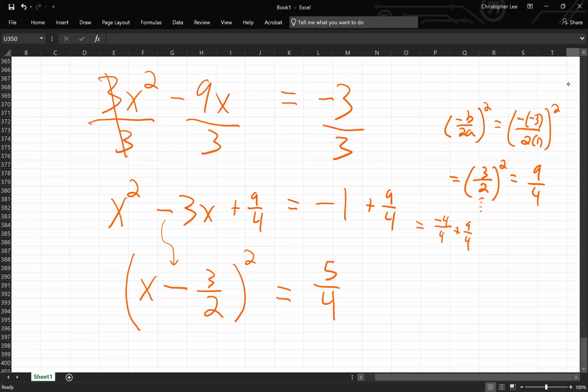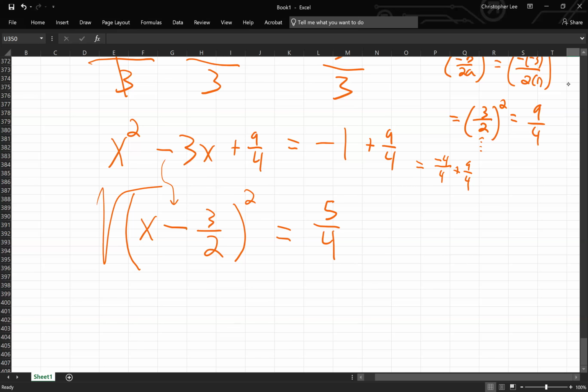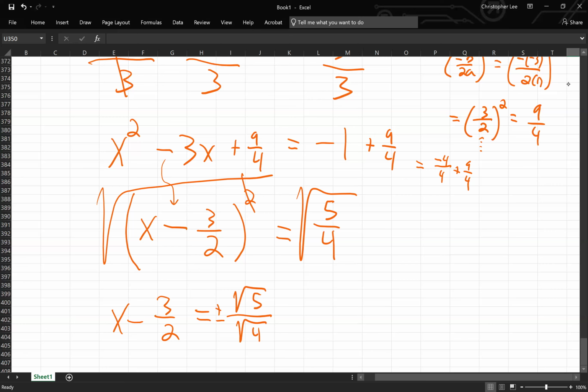All right, almost done. All we gotta do is just solve for x, and then we just call it a day at that. Right? So I'm going to square root both sides. What I do to one side, I got to do to the other. All right? So now what do I have? I have x minus 3 over 2 is equal to square root 5 over, what's the square root of 4 again? Plus or minus, of course, 2, right?